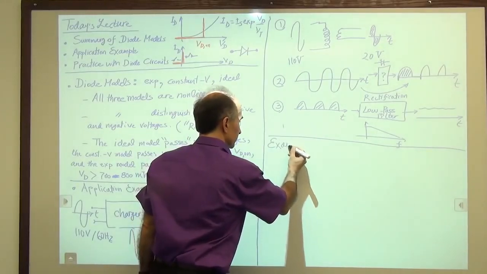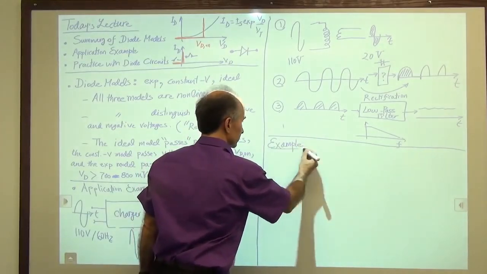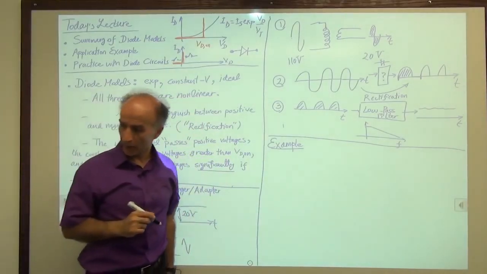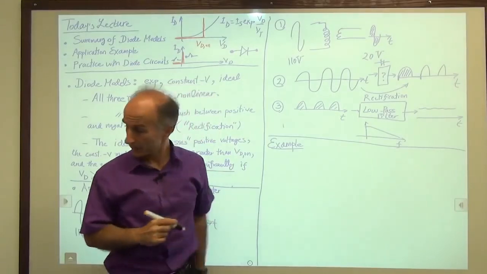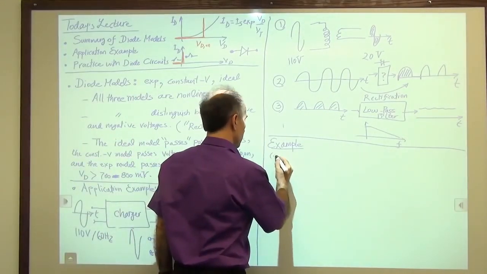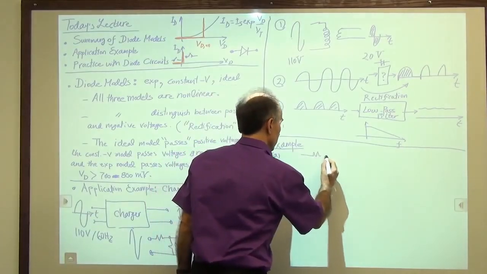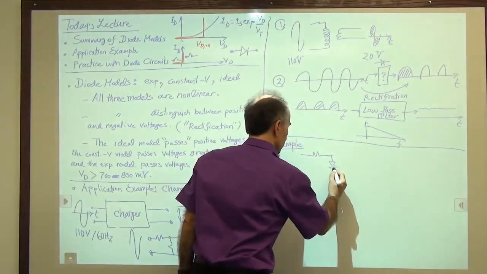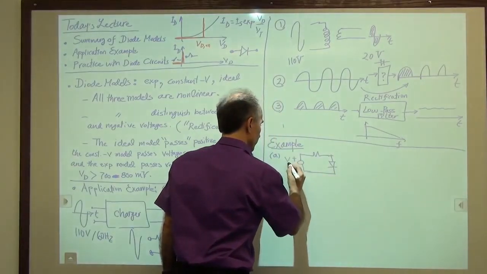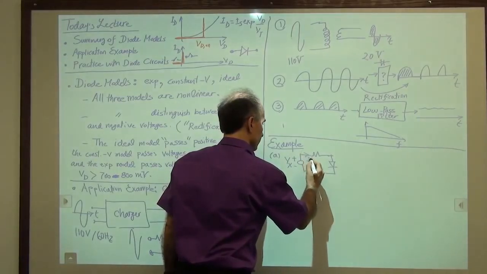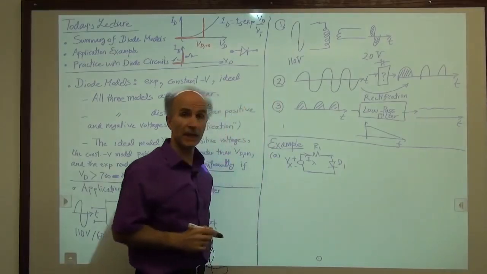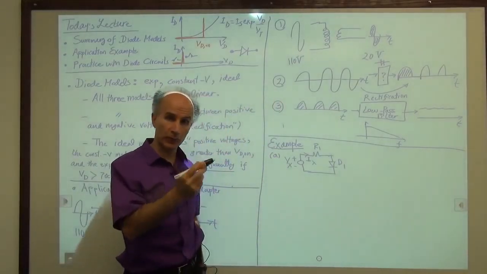So here's an example of the ideal diode model. Okay, so in this example, we would like to plot, part A, the current through this network as a function of Vx, as Vx goes from minus infinity to plus infinity.